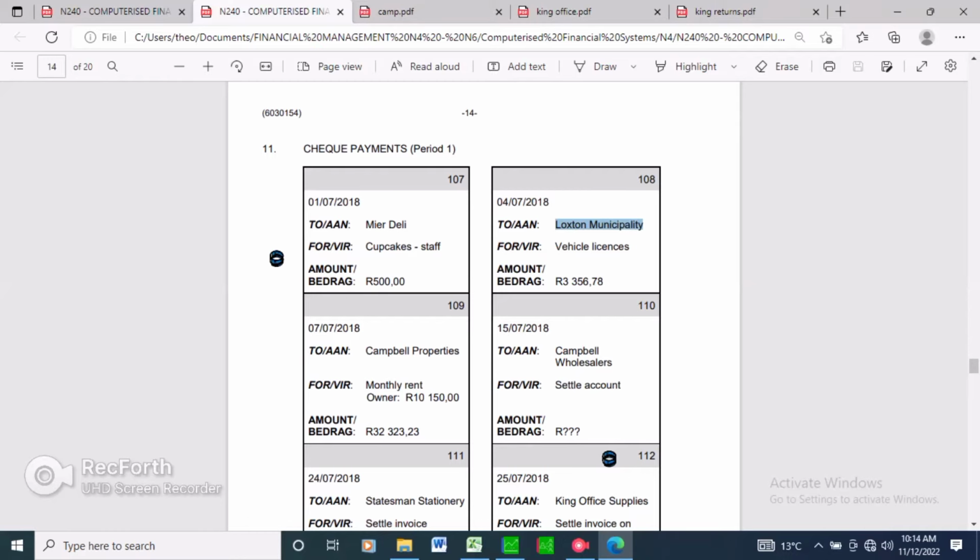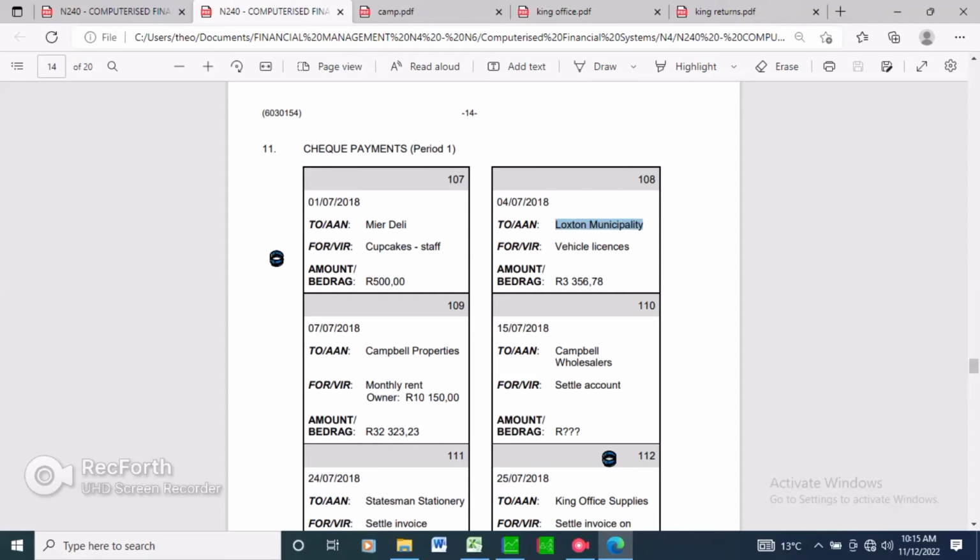If you get a check and the check has two amounts, just know that check will affect two accounts, guys. The one on 07/07/2018, we have an account for rent, the other account is for drawings, guys. The amount for drawings is 10,150. For rent is 32,323.23, guys. I hope I'm making myself very clear, guys. A check with two amounts will affect two accounts, guys.